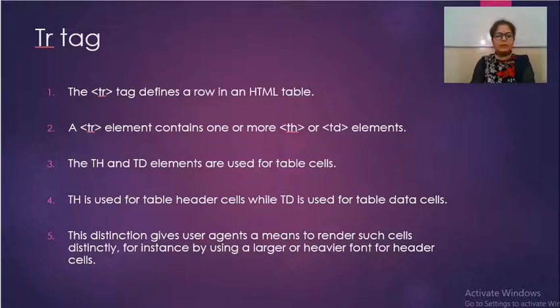The tr element contains one or more th or td elements. What does this mean? td stands for table data. We enter table data by using the td tag, and we can enter table headings by using the th tag.